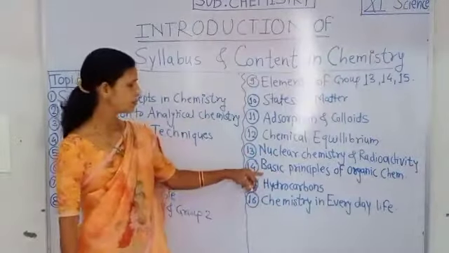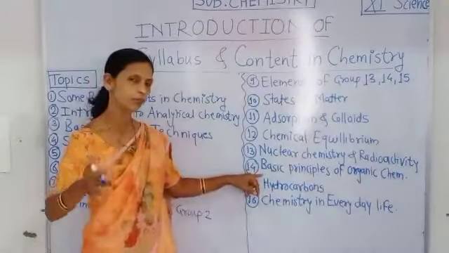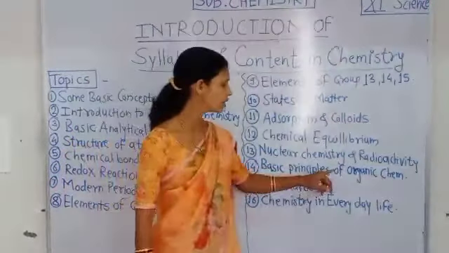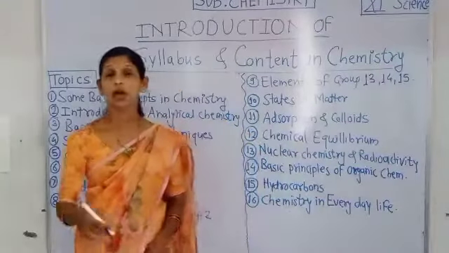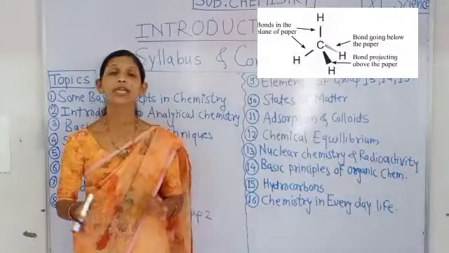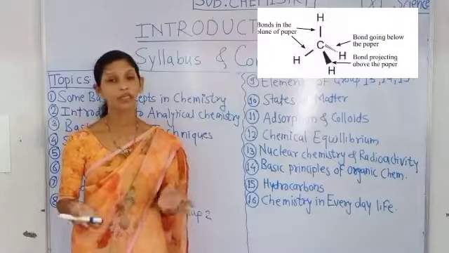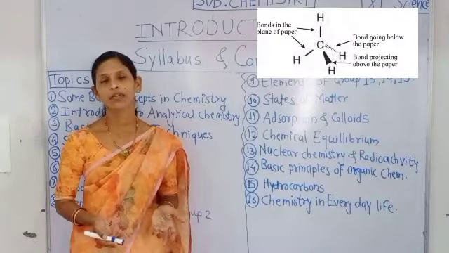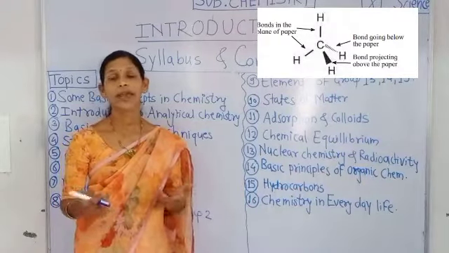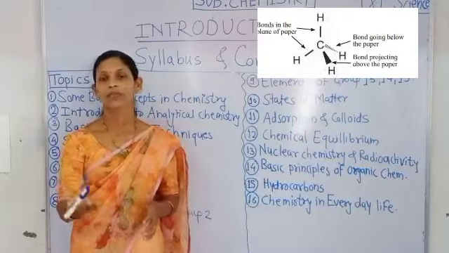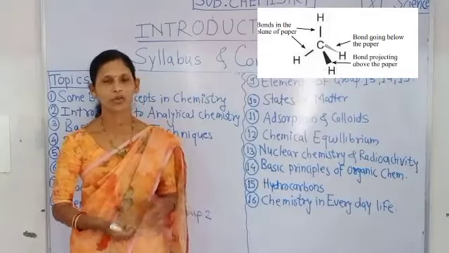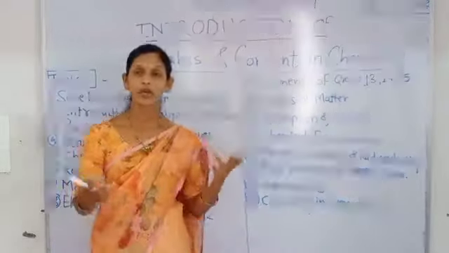Then the next chapter, which is very, very important, is basic principles of organic chemistry. All of you studied organic compounds, methane, ethane, propane, as well as ethene, acetylene, as well as methyl alcohol, ethyl alcohol. That means there are different organic compounds.